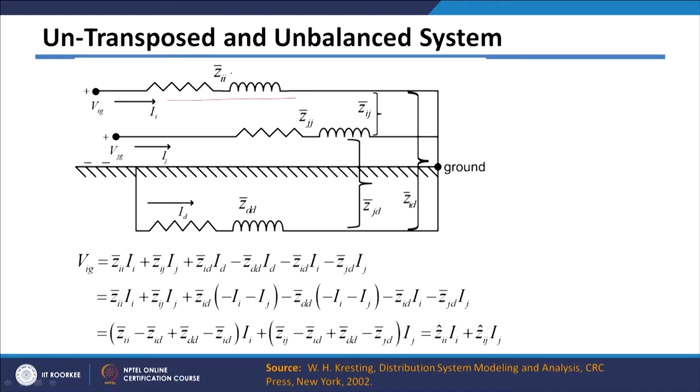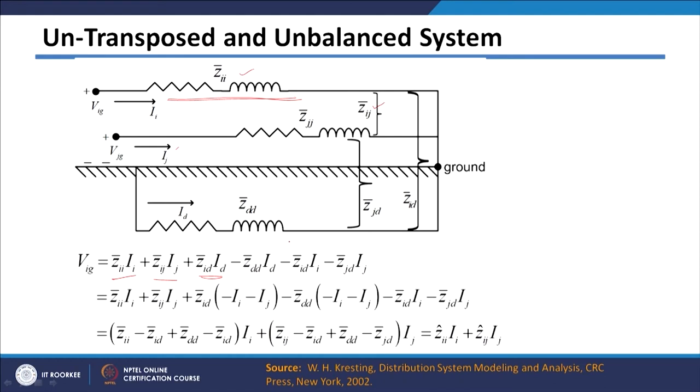So, it will be Zii into Ii, which is a self drop, then the drop in Zij, which is due to current Ij, so it will be Zij into Ij, plus the drop due to current Id, which is Zid into Id. So, this is nothing but the drop which is happening in this due to all the three currents.